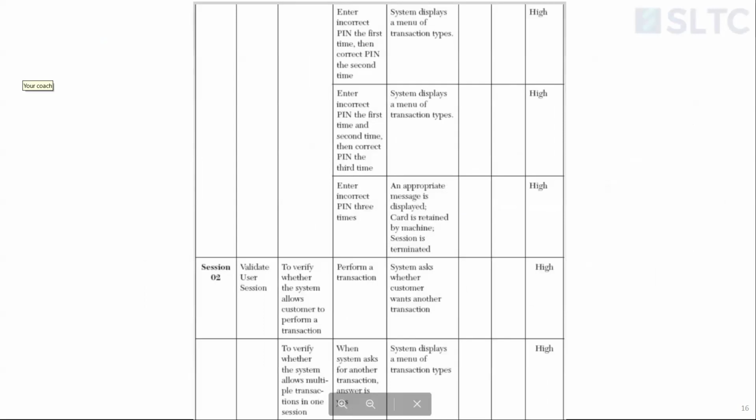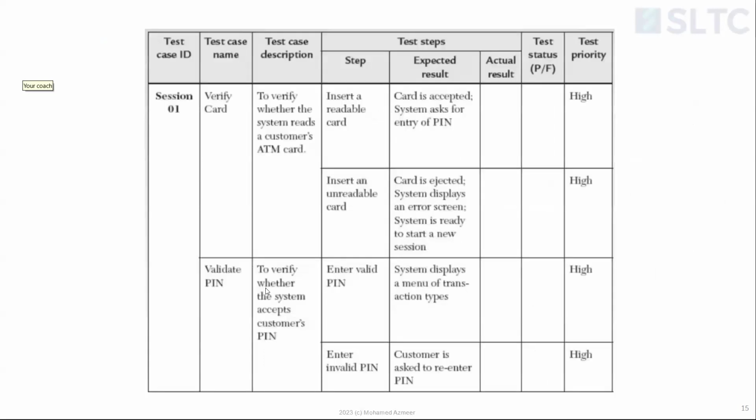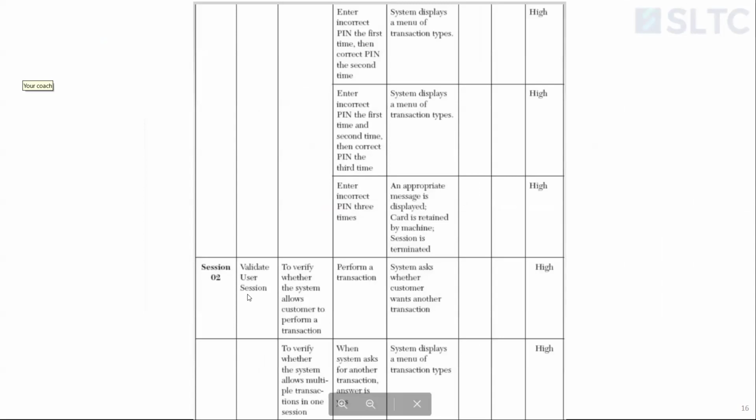Here are more things we can discuss. Session 2, validate user sessions. So verify card, validate PIN. Then comes the next big one, validate user session. Now here if you notice, this system asks whether the customer wants another transaction.